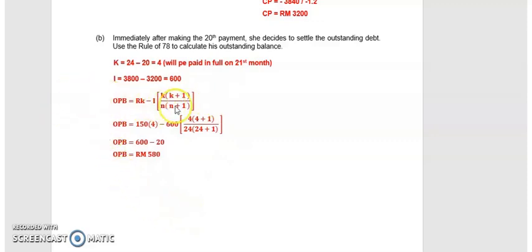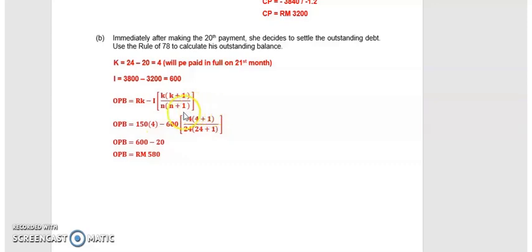Again, if you look at this formula, if you pay as usual, it means that every month you pay 150 ringgit for another 4 months. So actually, for 4 months, you will pay 600 ringgit. Since we decide to settle earlier, on the 21st month you will settle another 4 monthly payments. As a customer, we will get a rebate under the rule of 78.